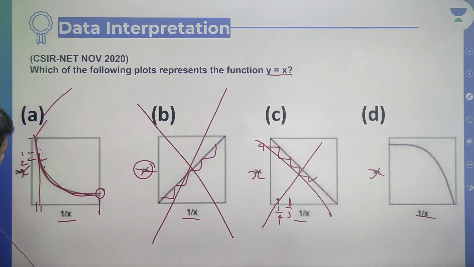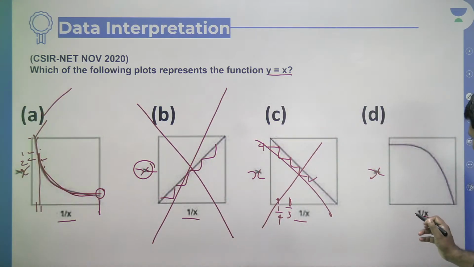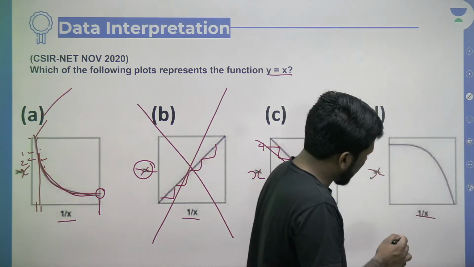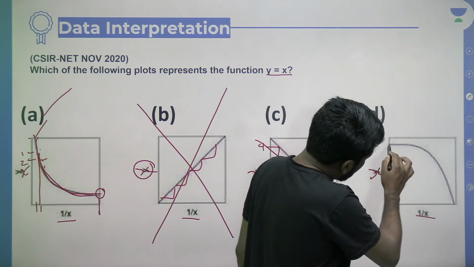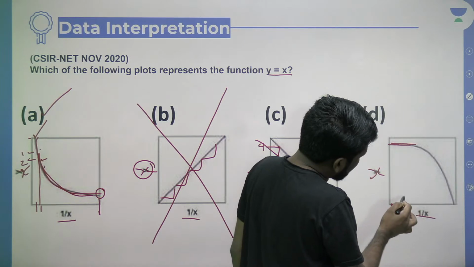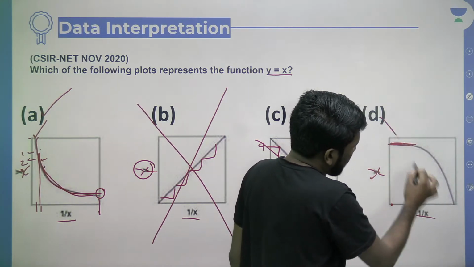And you can use the same idea to eliminate this option also. Look at this: whatever the value of 1 by x, x was the same. That is enough to eliminate option D.